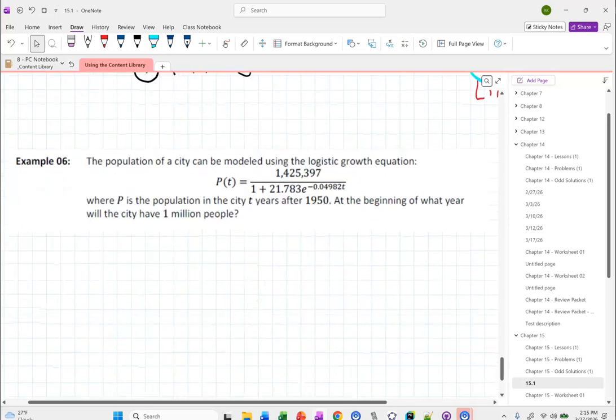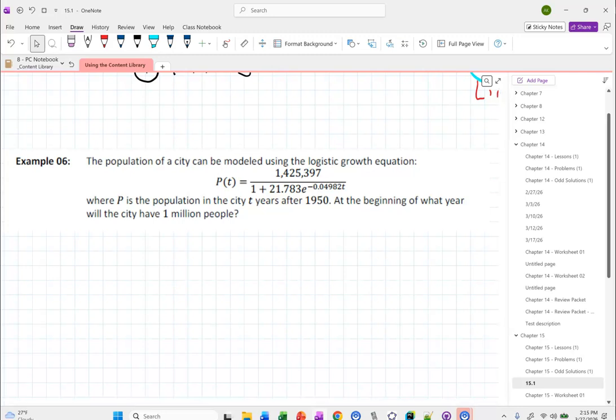So as an example, let's say we have the population of a city modeled by the logistic growth equation, where P is the population in the city t years after 1950. That's an important piece, right? This tells us that the year is going to equal t plus 1950.